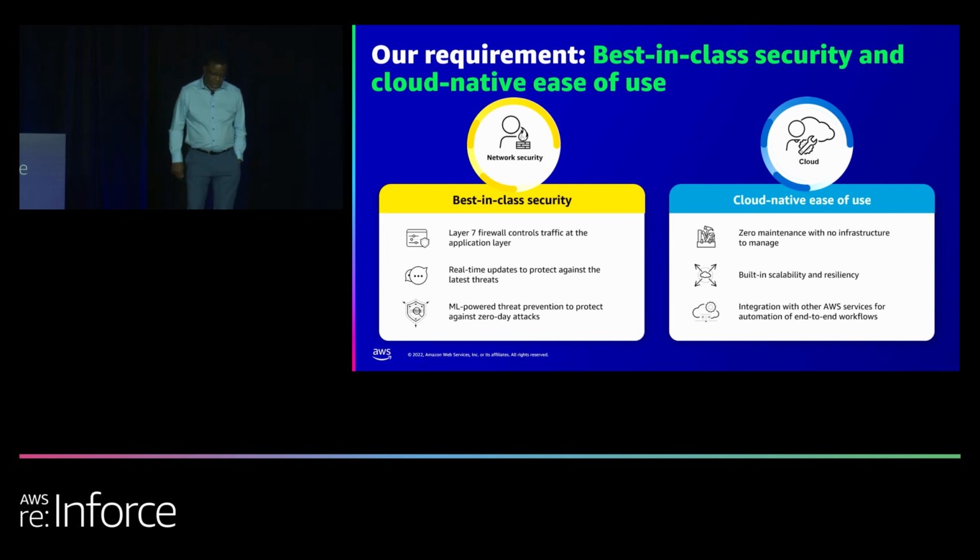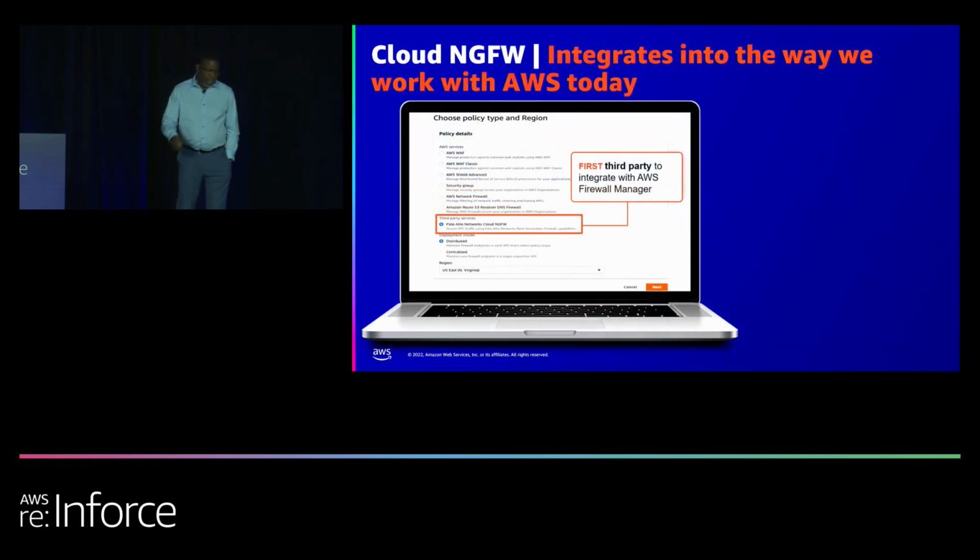So, cloud-native ease of use, zero maintenance with no infrastructure. I like that. Built-in scalability and resiliency. Integration with other AWS services for automation of end-to-end workflows. Love it. Here's a single pane of glass. That's what I need. And that's what the Palo Alto Cloud NGFW gives us.